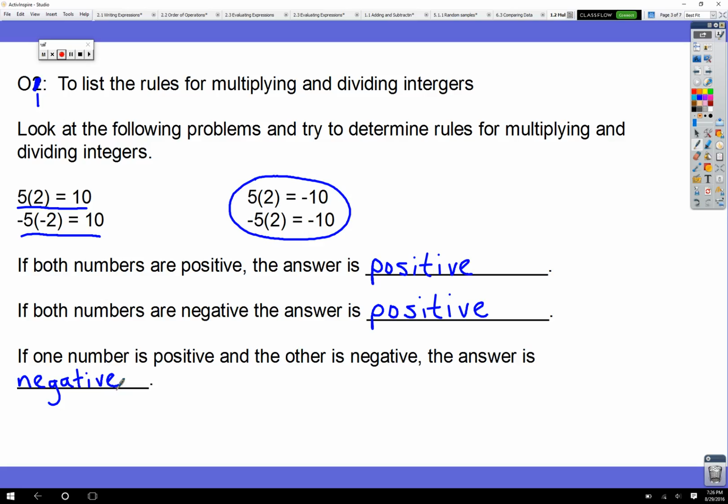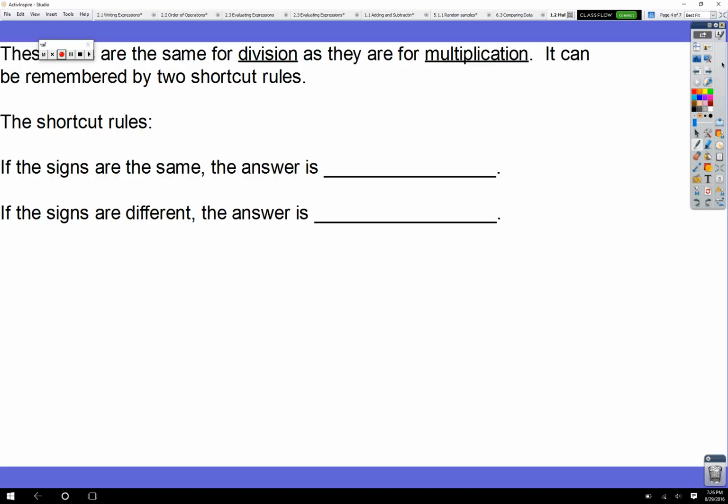So the rules for multiplying and dividing integers are actually a little bit simpler than the rules for adding and subtracting integers. We can narrow this down into two basic shortcut rules. We can just say, if the signs are the same, the answer is positive.